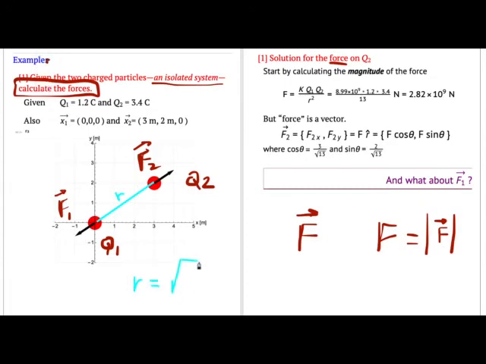Well, R is the square root of 13 meters. If I look at this little right triangle here, the sides of the triangle are 2 and 3. The hypotenuse is the square root of 2 squared plus 3 squared. That's the square root of 13.